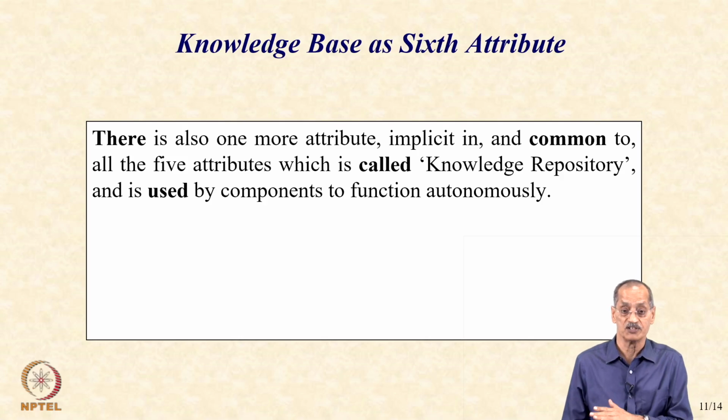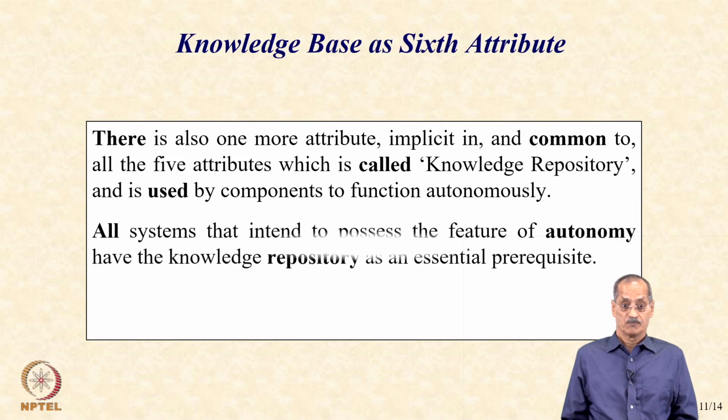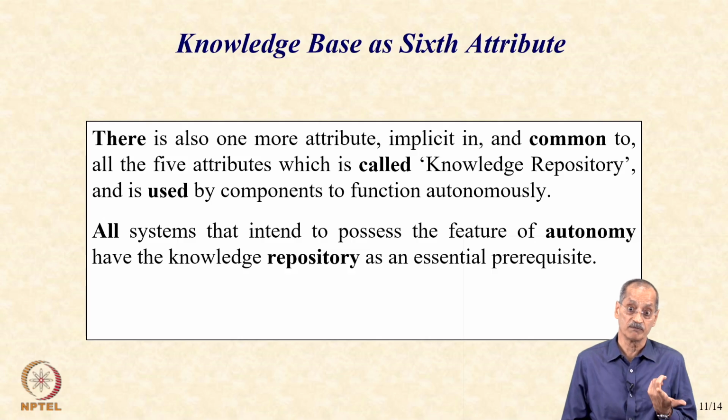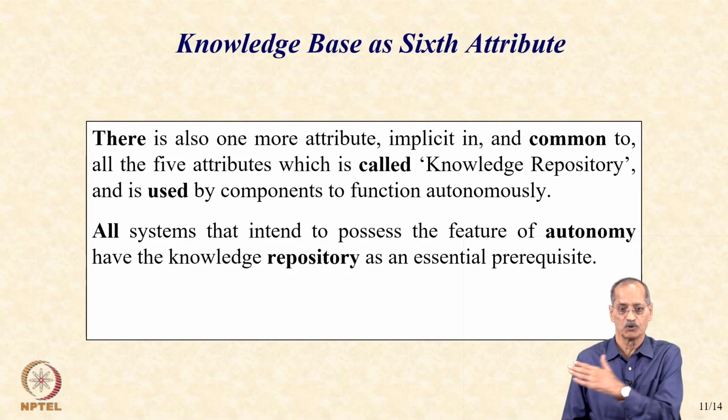Unless you have knowledge, there is no way you can actually perform those 5 attributes. You need knowledge. As I said, all systems that intend to possess the feature of autonomy have to have a knowledge repository as an essential prerequisite. In fact, this is the prerequisite. It has to be there before you can talk about the remaining 5.